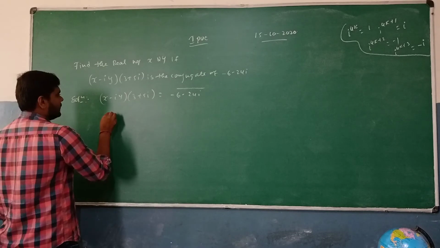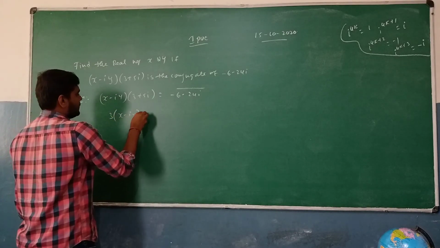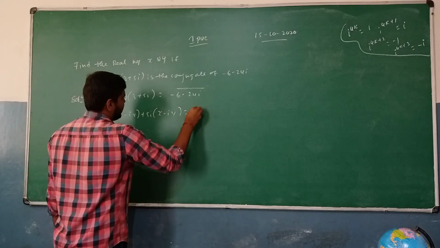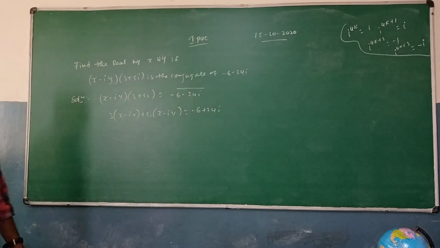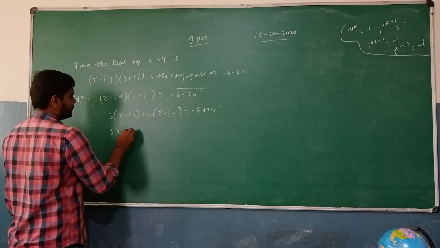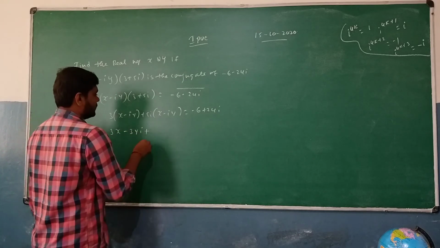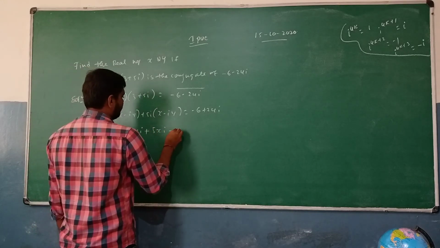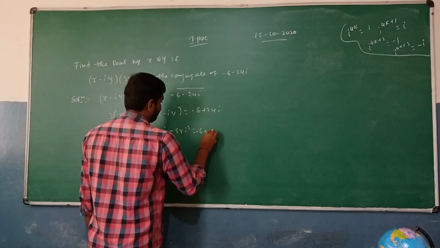This is nothing but 3 into x minus iy plus 5i into x minus iy, which is equal to minus 6 plus 24i. So let us express it: 3 into x is 3x, minus 3yi plus 5xi, then minus 5yi square, which is equal to minus 6 plus 24i.